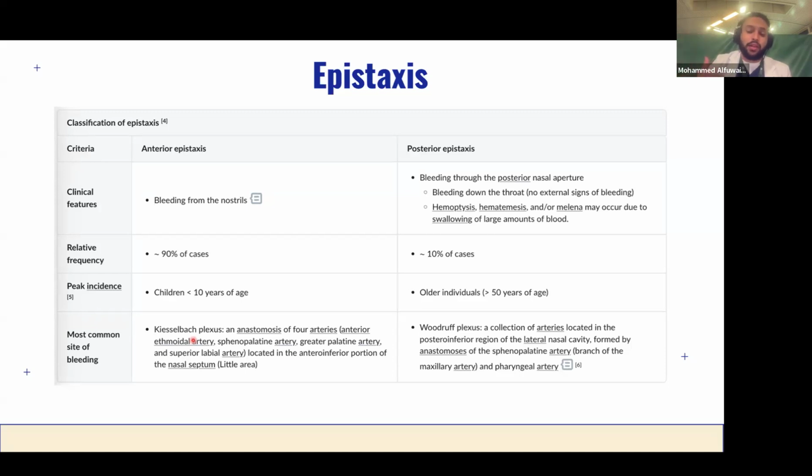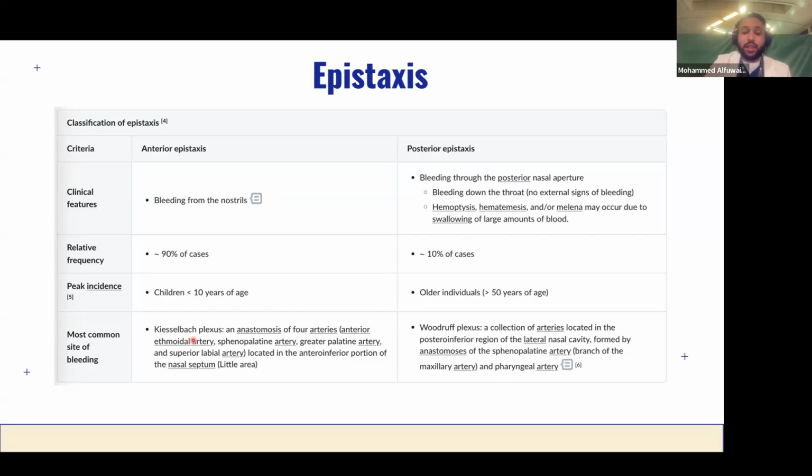Okay, so I'm going to repeat this again because it's important. Epistaxis: anterior is more common, usually due to dryness, the most common cause. How do you manage it? First step for anterior and posterior is airway, breathing, circulation, ABC. Anterior, the blood supply or the damage is right here in the frontal portion, anterior portion of the septum.